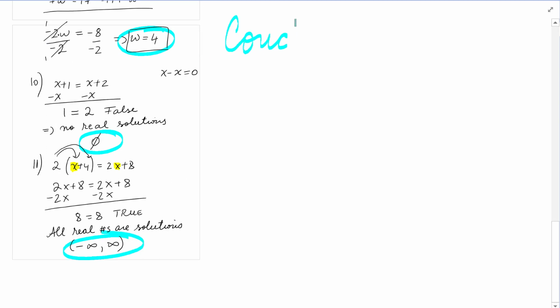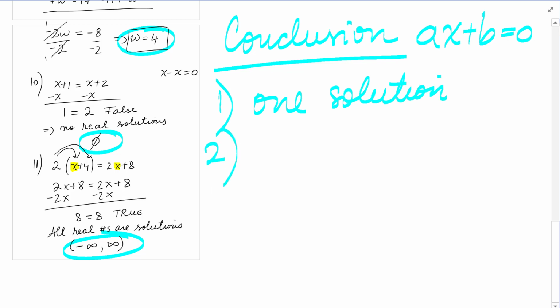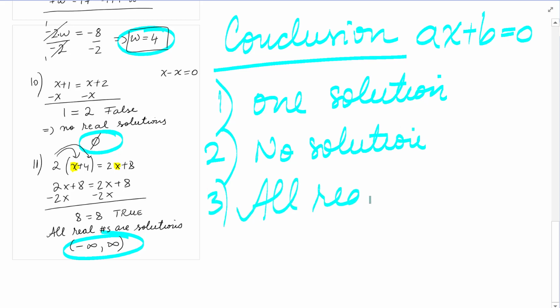So conclusion, when we are solving a linear equation of the form ax plus b equals 0, we can get one solution, we can get no solution, or we can get all real numbers are solutions. That's one of these three situations.